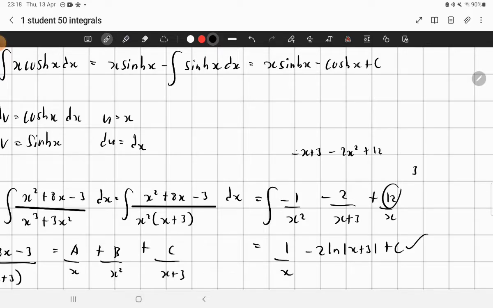So if this is 12x, then this will be -3, -2x squared.